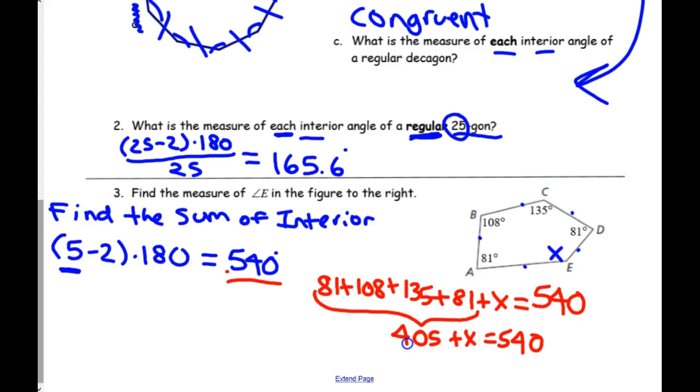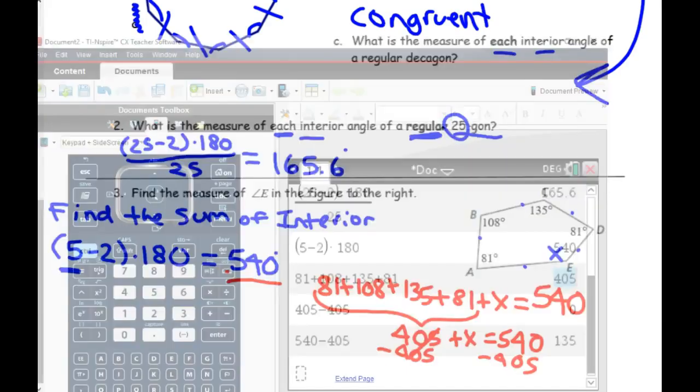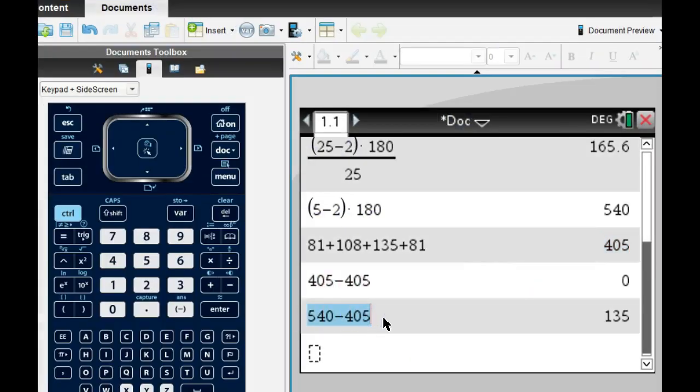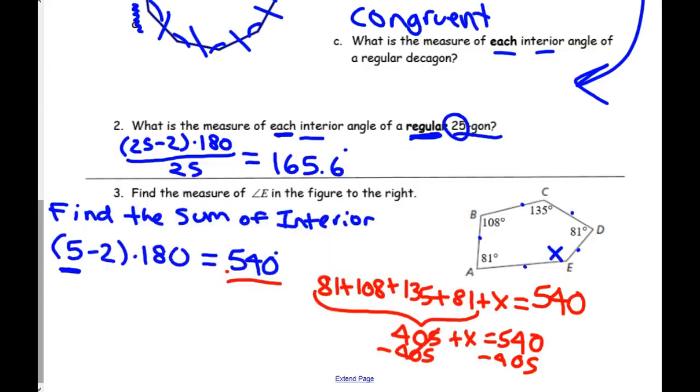Subtract 405 from both sides to get x by itself. What is 540 minus 405? 135. That means that missing x is 135 degrees.